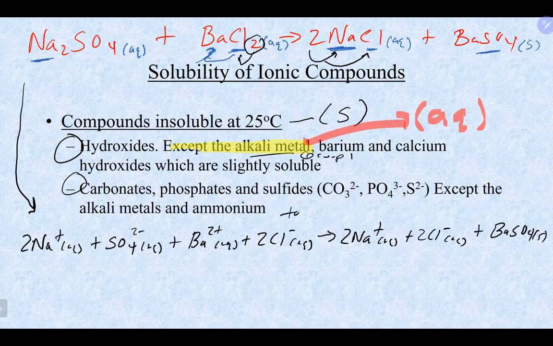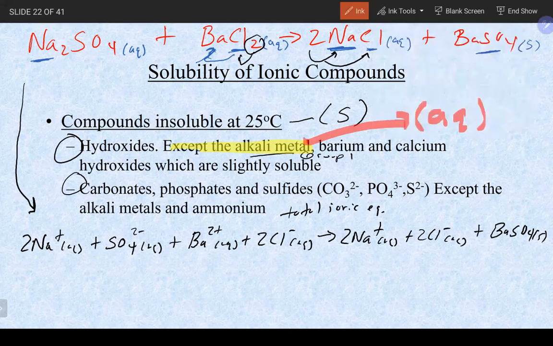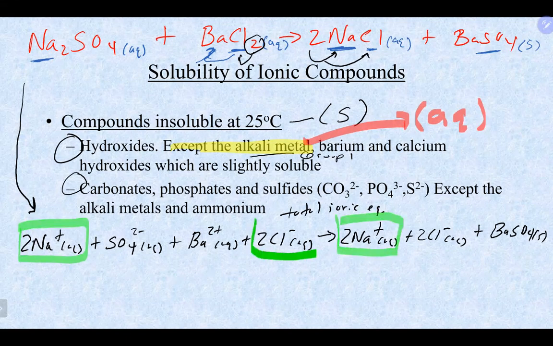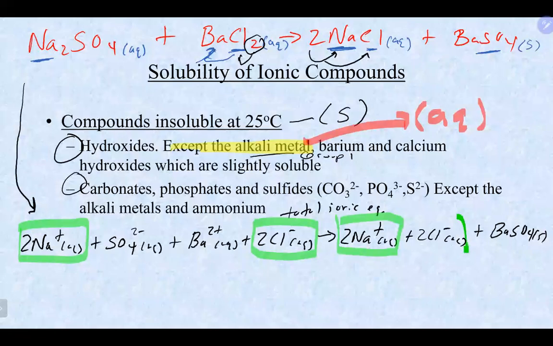This would be our total ionic equation, where we see here that the spectator ions are which ions? It is the sodium ion, that's the same on both sides, and it is the chloride ions, which are the same on both sides. So those would be our spectator ions in this case.